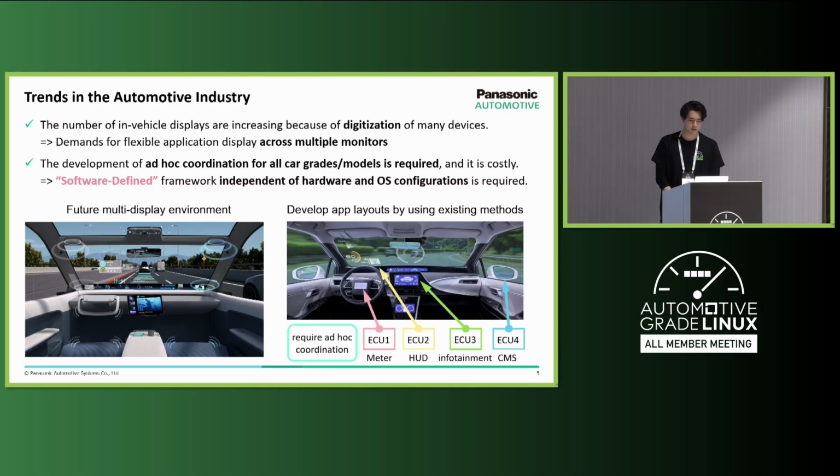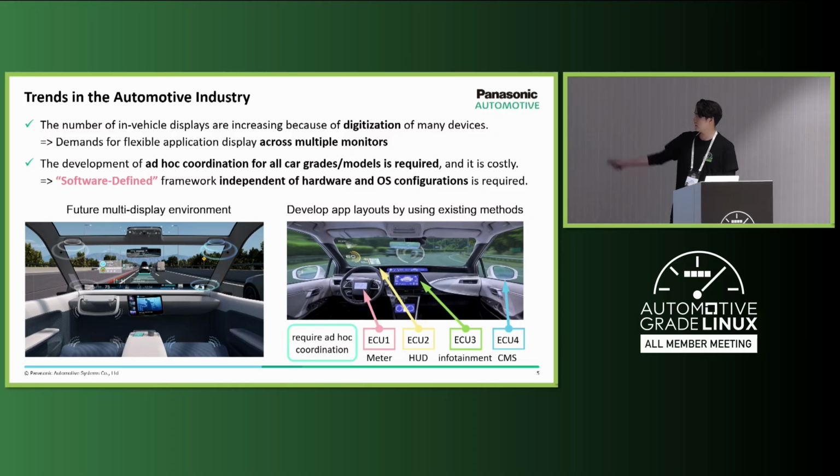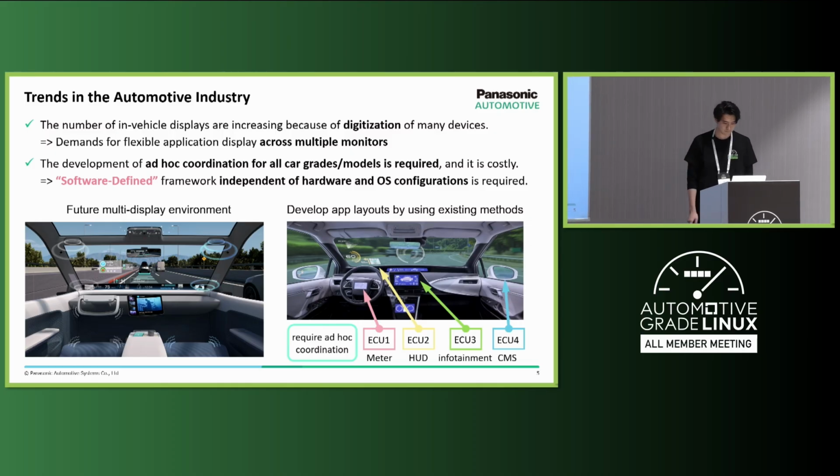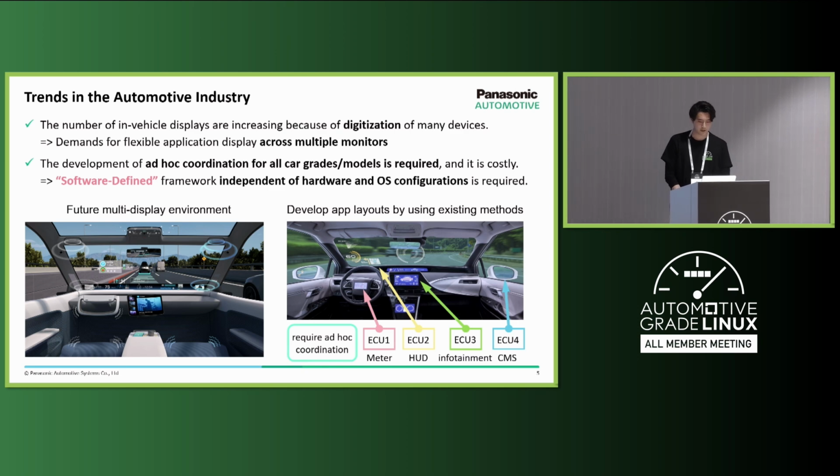This trend creates a new demand for flexible application layers across multiple displays for automotive developers. However, if we want to develop this flexibility using existing frameworks, ad hoc coordination for each system configuration is required, like in this figure. There are many differences in hardware and operating system configurations, such as how many SoCs are used, which display is connected to which SoC, or even which operating system is running on it.